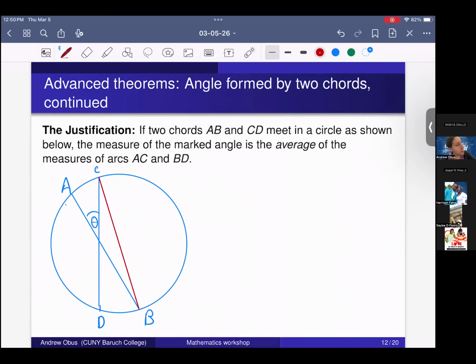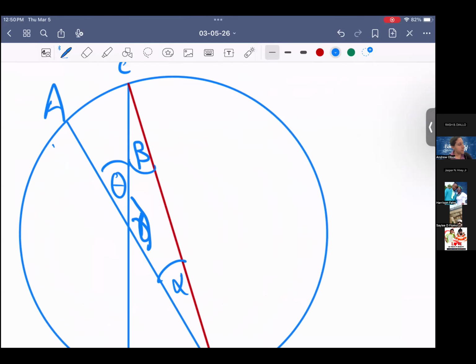Now let me draw two more angles. I'm going to call this angle alpha and this angle beta. I've got alpha, beta, and theta, and then I'll label this angle gamma. Sorry, it's a little bit small. It's alpha, beta, gamma, and theta.